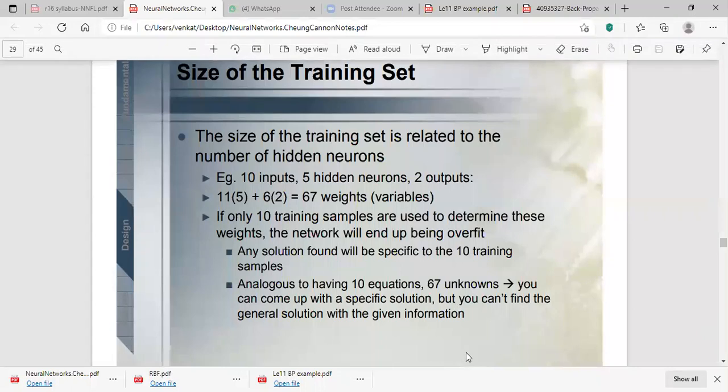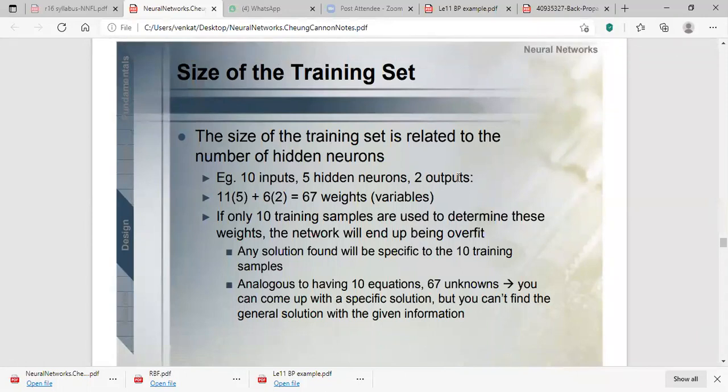Okay, 10 inputs, 5 hidden neurons, 2 outputs. So definitely you have 67 weights. 11 into 5, 55 plus 6 into 2.